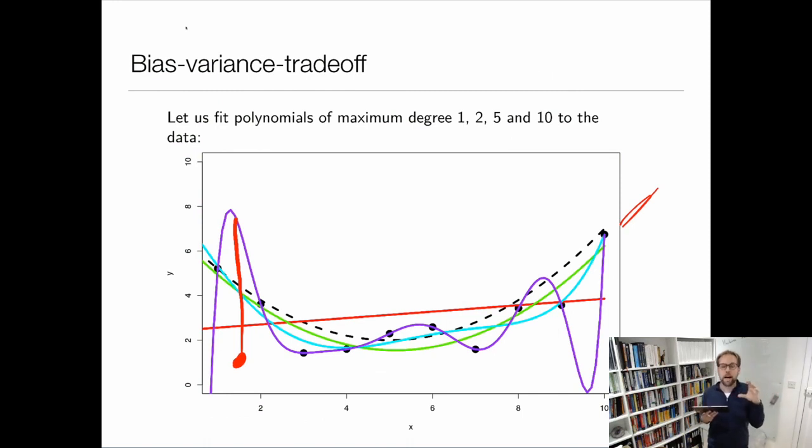This is called bias. But once I go to the quadratic model, I'm already getting a good fit, and with an infinite amount of data, I would get a perfect fit. The same is true for the 5th order as well as for the 10th order.